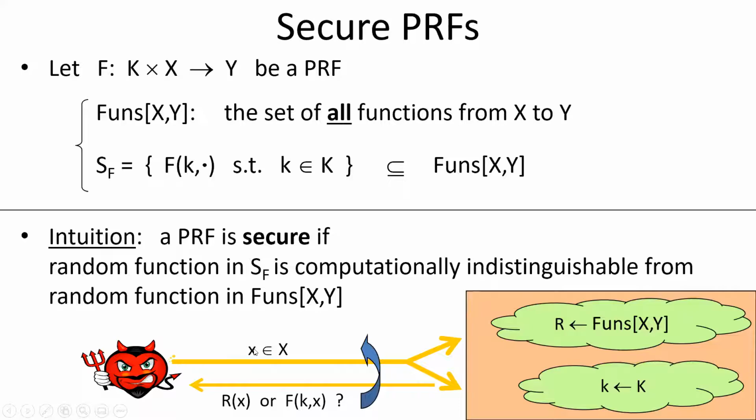He can do it for x prime and see again either R of x prime or f_k with the same k on x prime, and so on. If he's talking to a pseudorandom function, key k will be the same on all these answers, and x will be whatever the adversary specified for a given PRF query. And it will be secure if you cannot tell a difference.